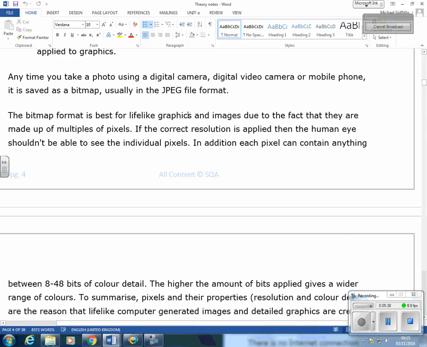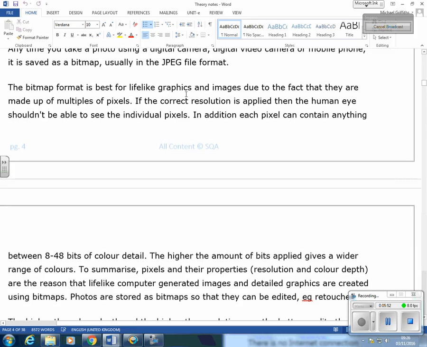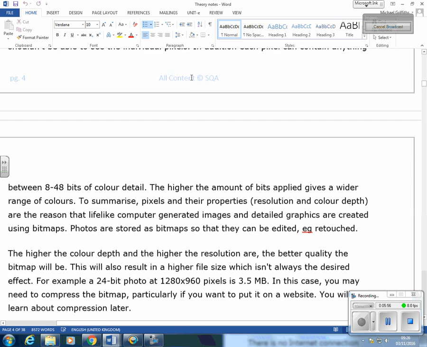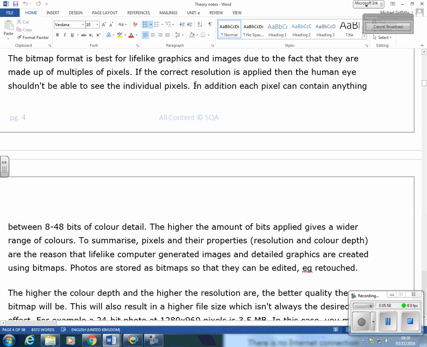You can grade the quality of your image by how many bits it is, right? The higher the bit rate in an image, the higher maybe the color could be. Okay, we'll talk about bits. Each pixel can contain anything between 8 to 48 bits of color detail.